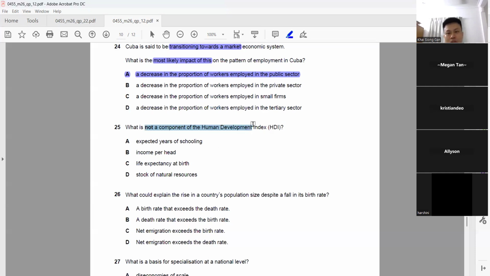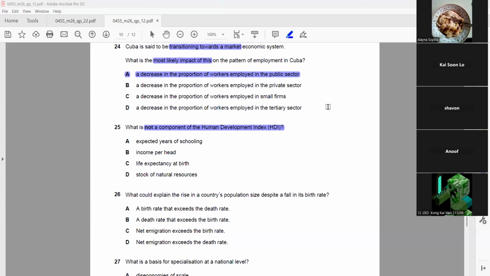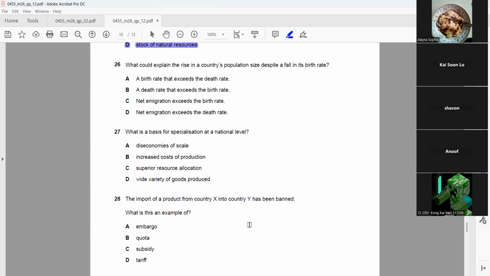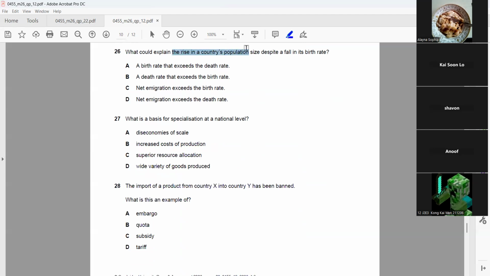What is not a component of HDI? Not a component of HDI. Stock of natural resources. What could explain the rise in the country's population size despite a fall in its birth rate? So which of the following could result in the rise in the country's population size?